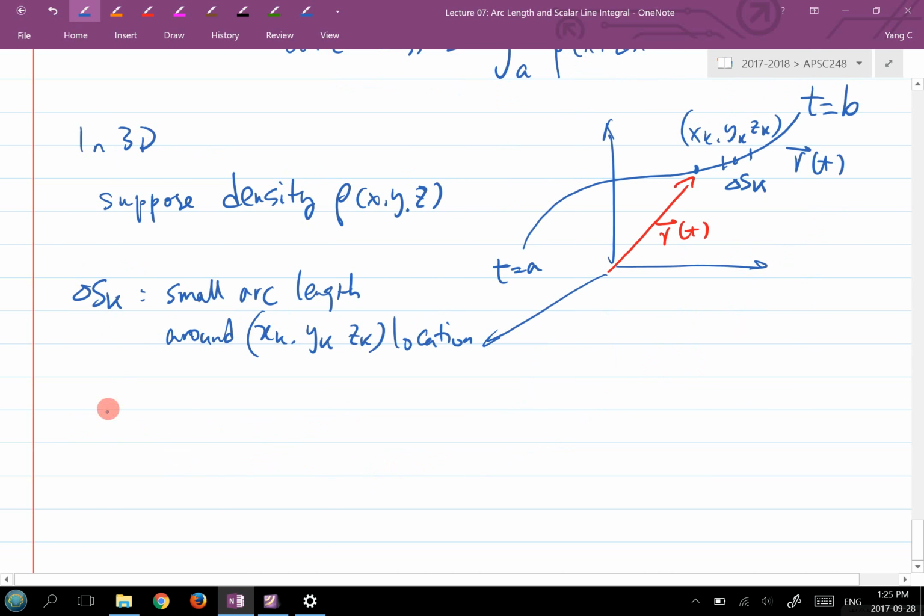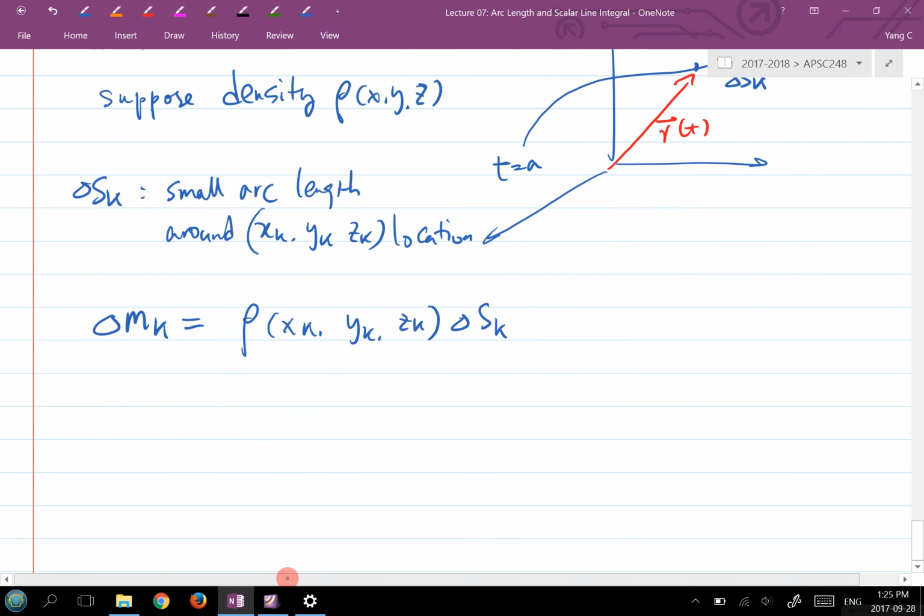The small mass for that particular arc length equals the density at x of k, y of k, z of k times the small arc length delta s k.